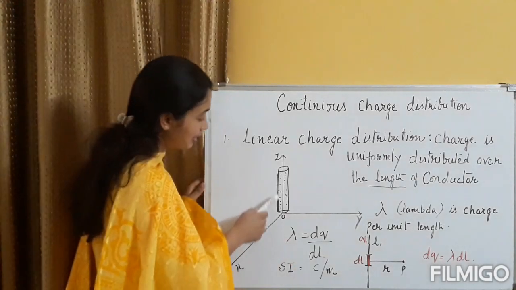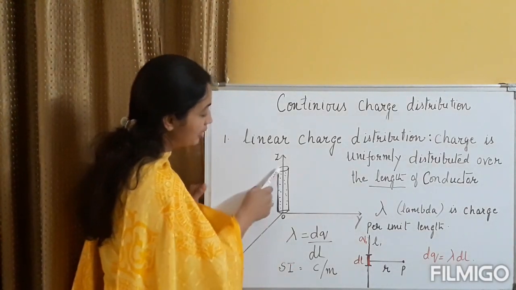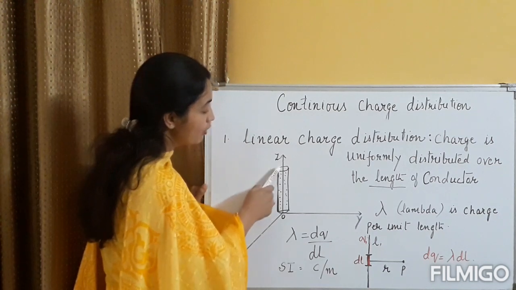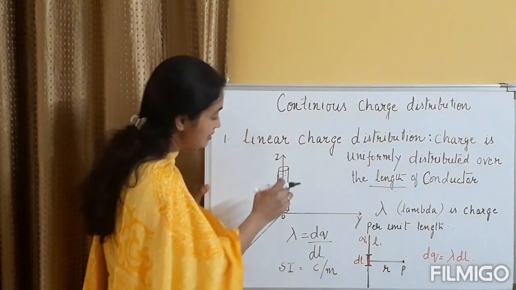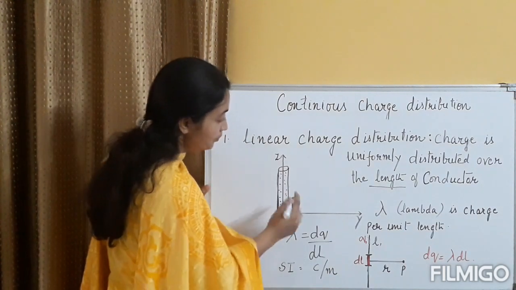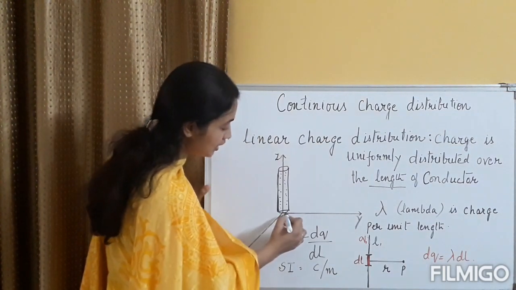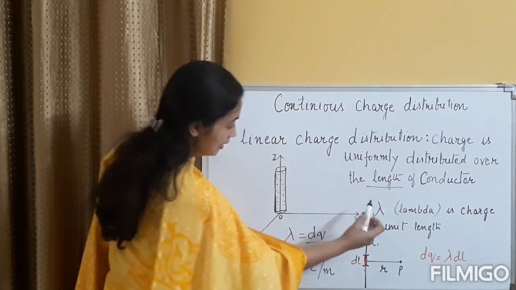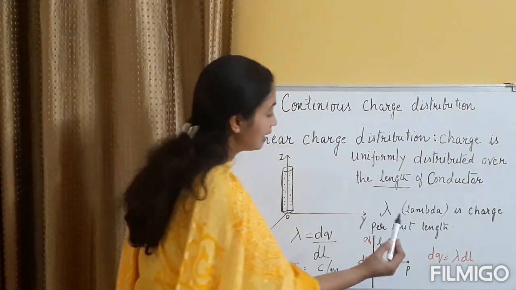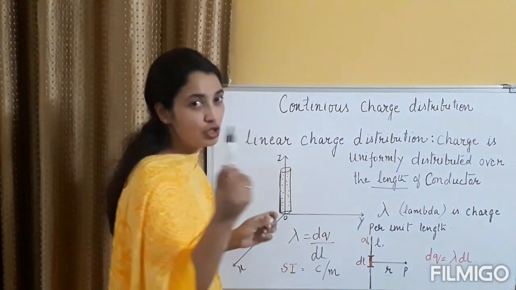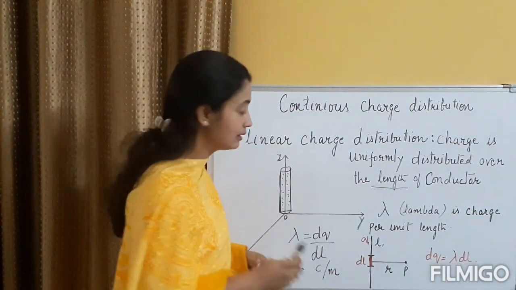You can see a figure here, a uniformly distributed charge over the length of a fine or thin cylindrical length, and this is introduced with a new letter, the Greek letter lambda. Till last year you might have used it for wavelength.